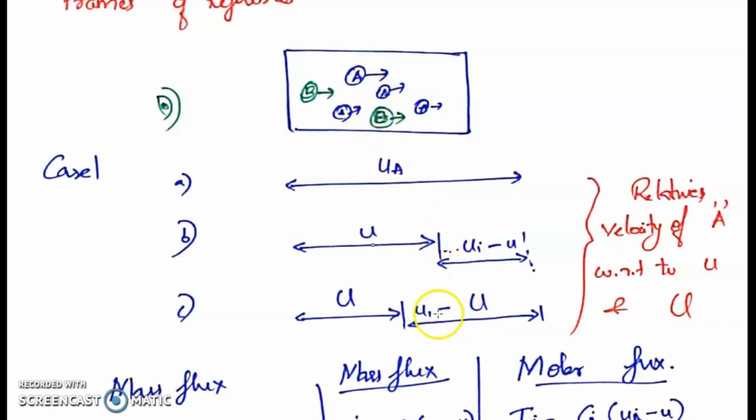It will be Ui minus capital U, because here Ui is the velocity of A when I look at it from outside, and small u is the mass average velocity of the system, and capital U is the molar average velocity of the system. So Ui minus u is the velocity of A relative to mass average velocity, and Ui minus capital U is the velocity of A relative to molar average velocity.